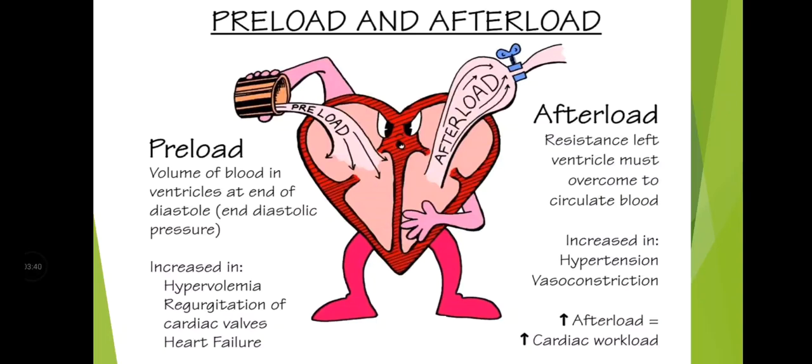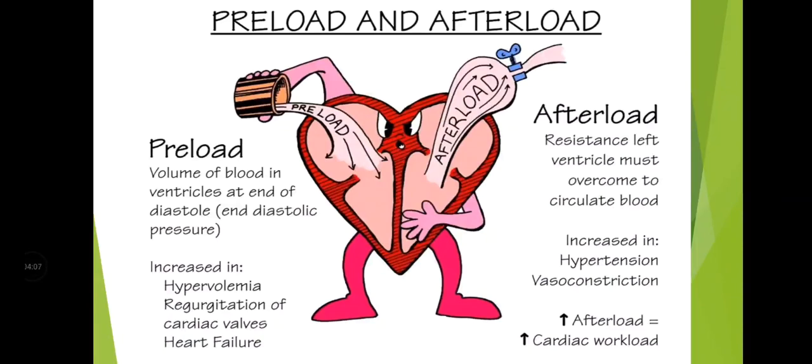So even when they pump, the blood that comes out is not enough. Some of it remains in the ventricles, and coupled with the blood that is filling up, it increases the preload. Increasing the preload decreases the amount of blood that gets ejected out.